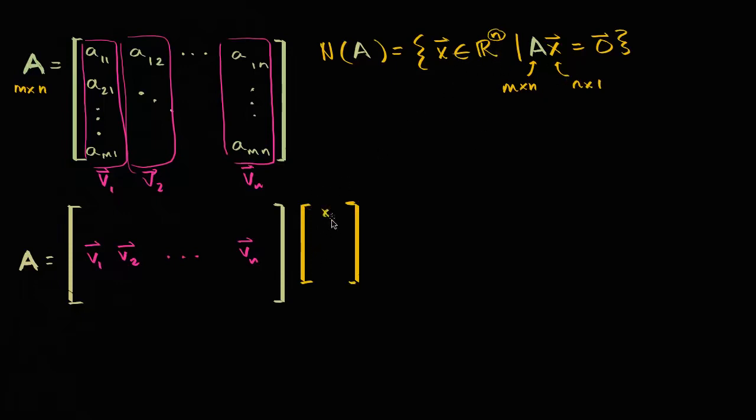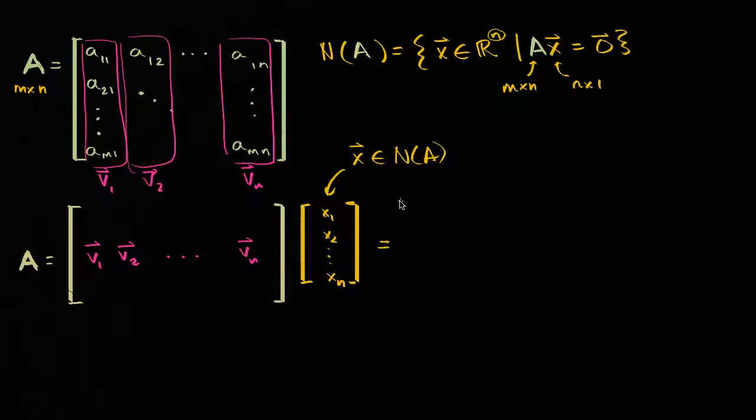You're going to have x1 as the first component, x2, and go all the way to xn. If we say that this x is a member of the null space of A, then this whole thing is going to be equal to the 0 vector.